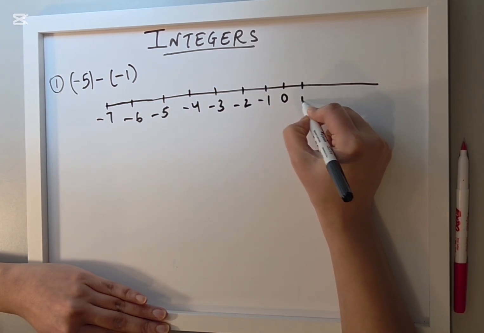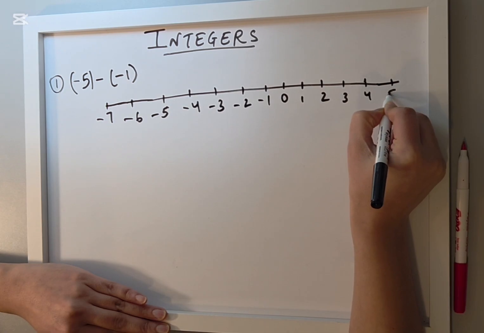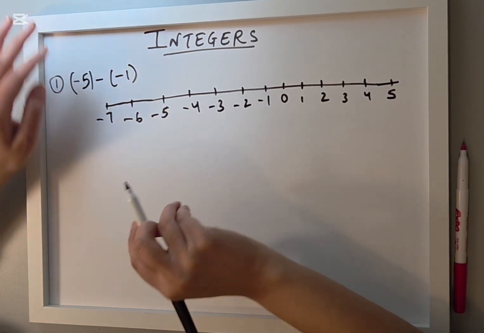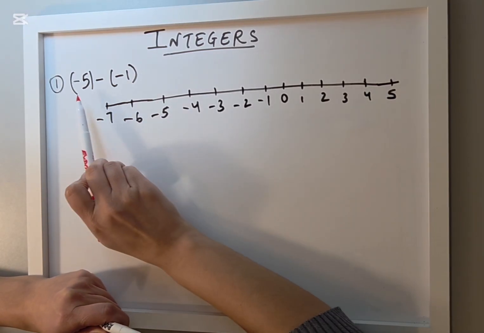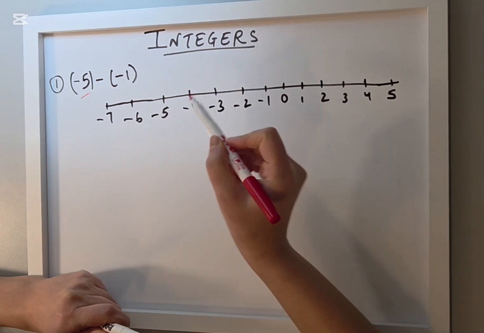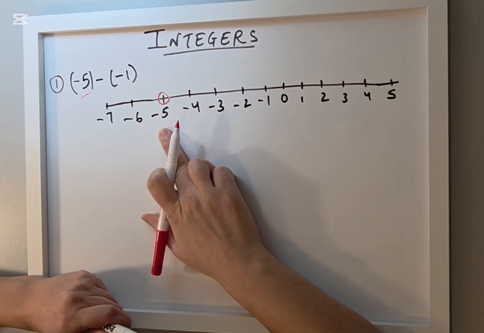And here I'll do 1, 2, 3, 4 and 5. Okay, so first of all we have to identify where is minus 5. So here we have minus 5 on the number line.